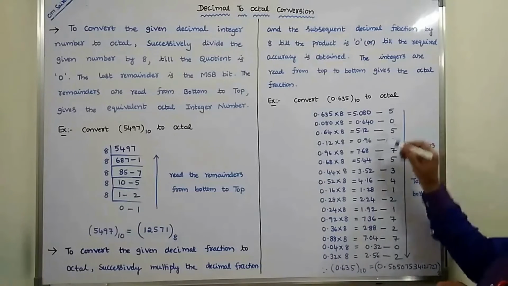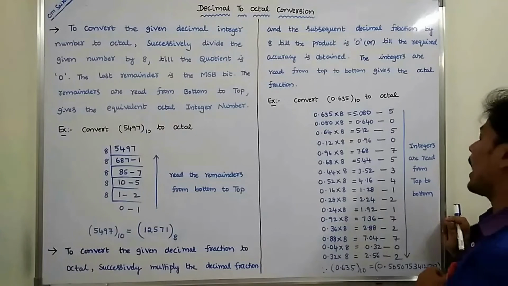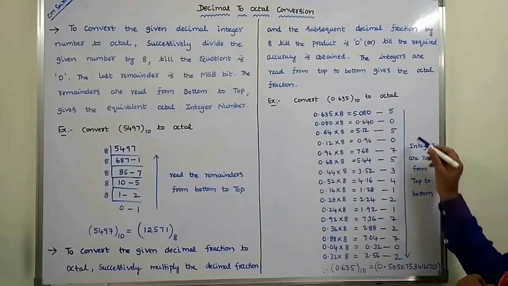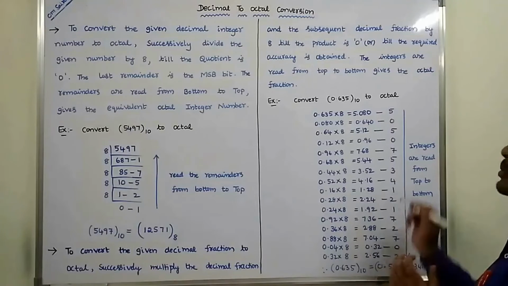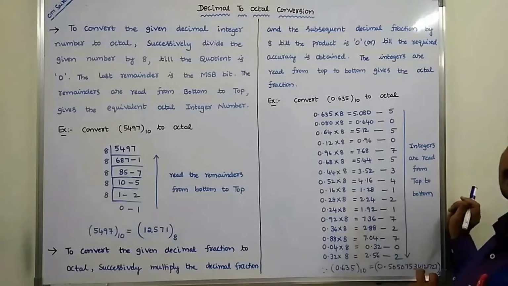Okay, so in this problem we are not getting the fraction part 0. Whenever the given accuracy is obtained, then we have to stop the procedure, whether the fraction part contains the 0 value or not.